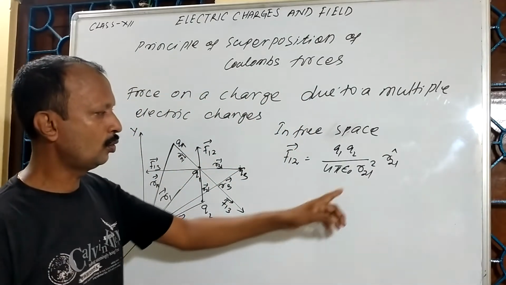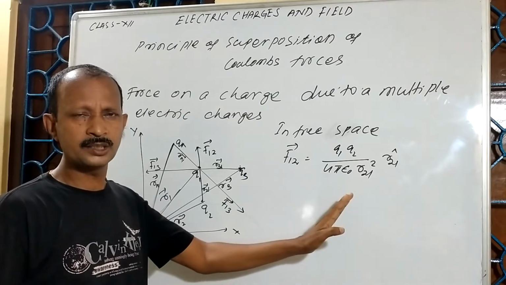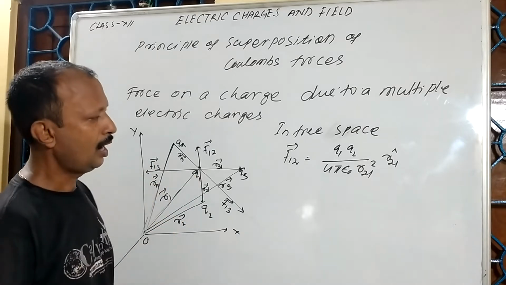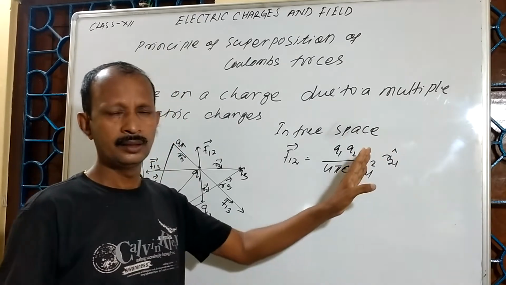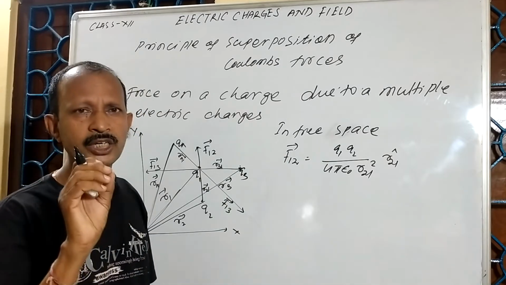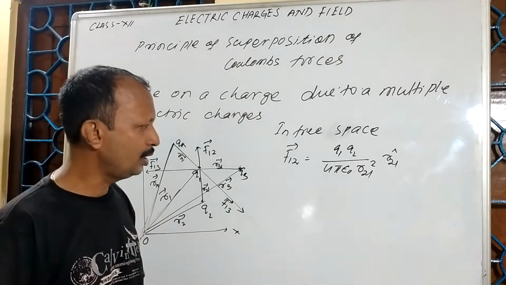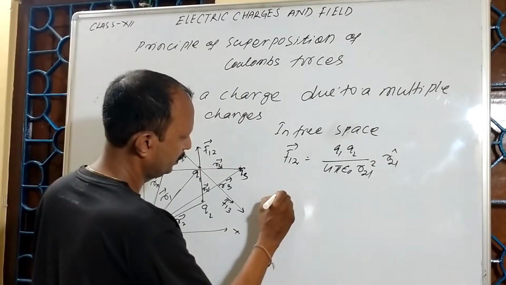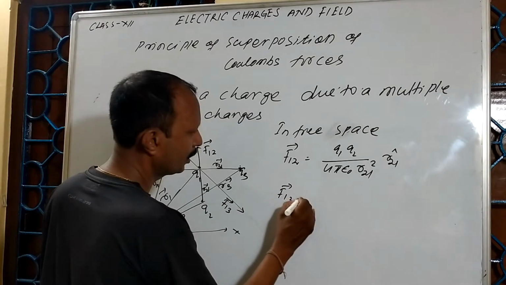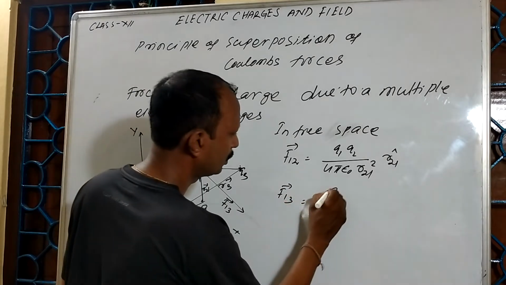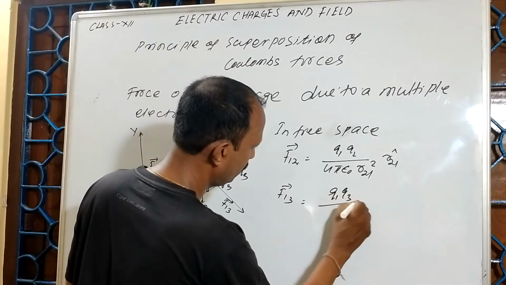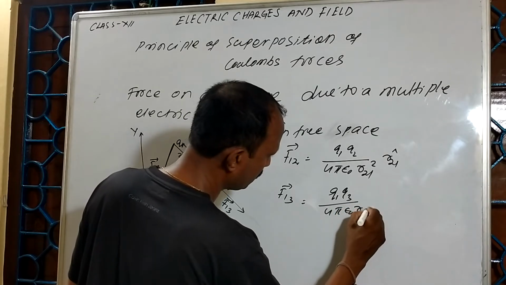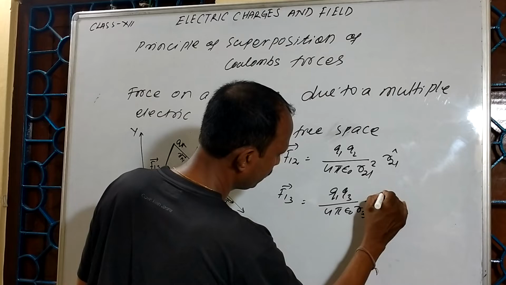So this r21 represents the distance between the point charges q2 and q1, and this r21 cap represents the unit vector, which represents only the direction. Similarly, F13 is equal to q1 q3 upon 4 pi epsilon naught r31 square, r31 cap.